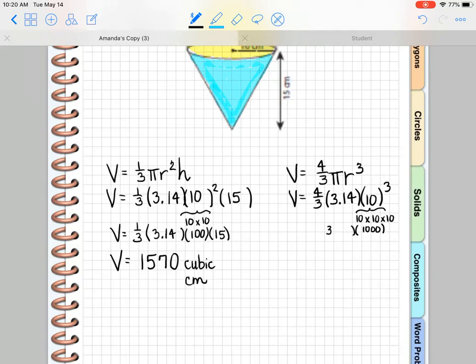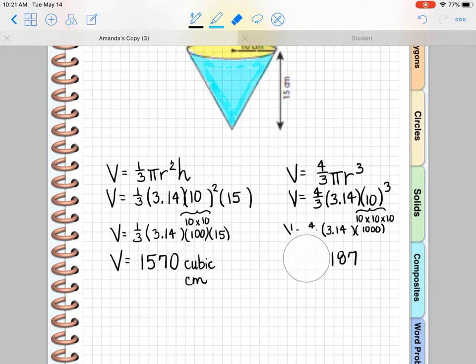And then you have pi, and the 4/3 you just type in as a fraction. There's nothing weird there. 4 fraction 3 times 3.14 times 1,000 equals. So the volume of the whole sphere is about, I'm going to go ahead and round there because of all those 6's.